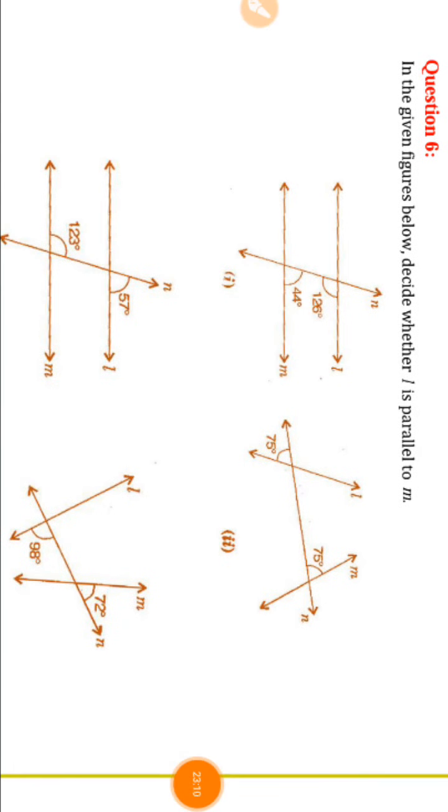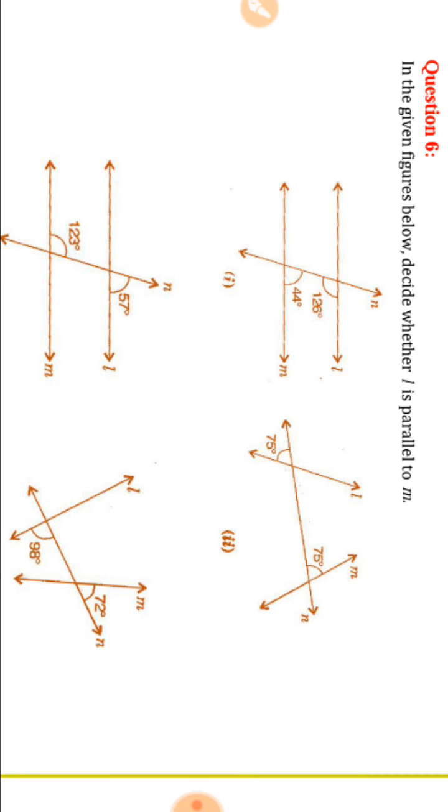Then the sixth one is, in the given figure below, decide whether L is parallel to M or not. See, if parallel lines are there, it means alternate angles are equal, corresponding angles are equal, and the interior angle sum is supplementary, or exterior sum equal, or vertically opposite angles also may be equal, but that is not a condition for all the time.